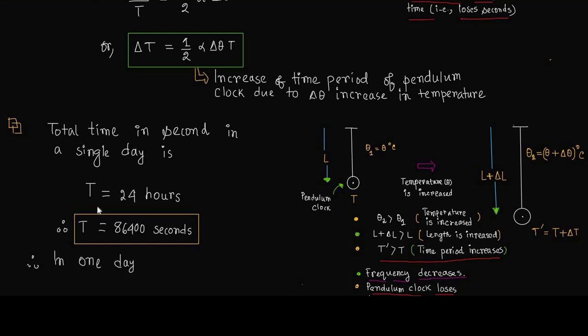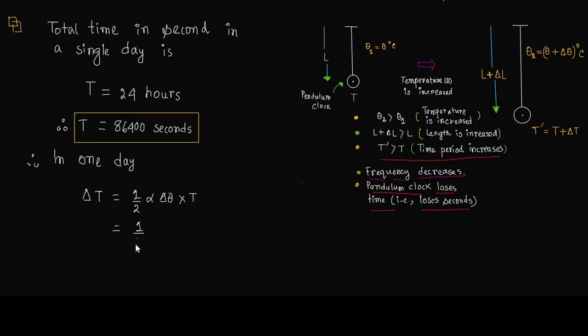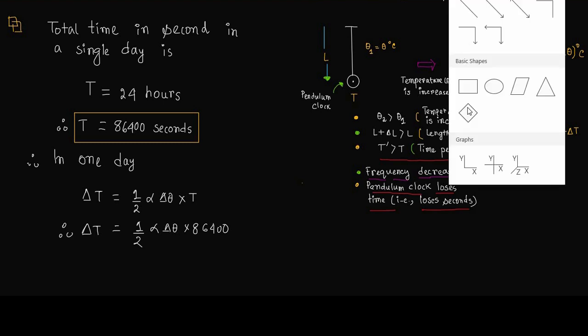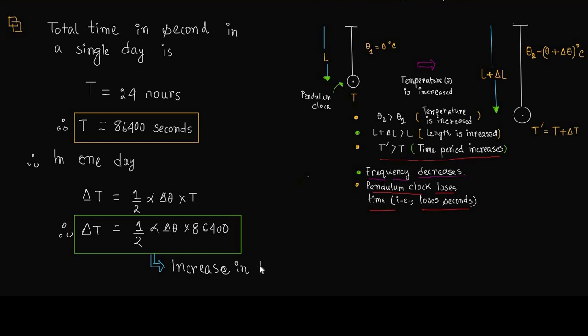Therefore, in one day delta T is equal to half alpha delta theta into capital T, which is equal to half alpha delta theta into 86400. So we get the amount of absolute error in the measurement of time in a single day, delta T, equal to half alpha delta theta into 86400.